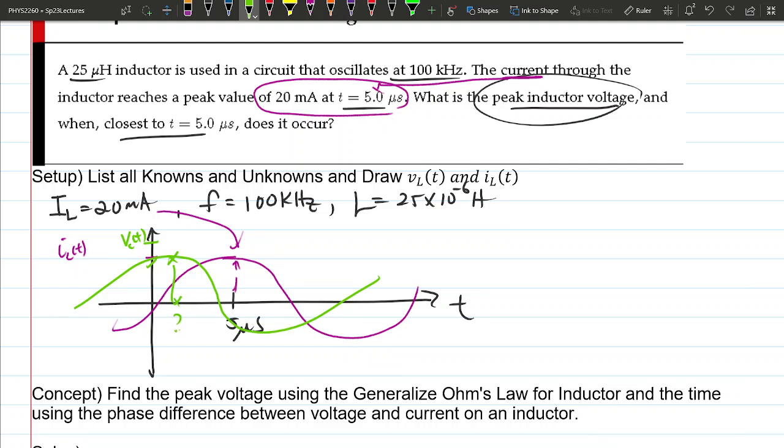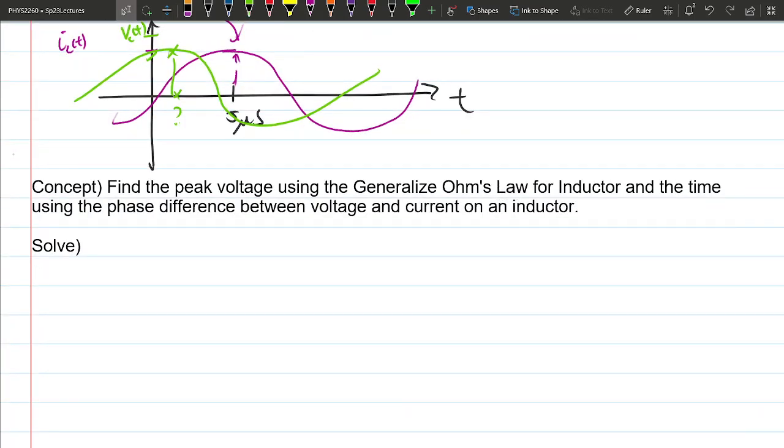But let's first figure out part A of the problem. I already typed out the concept. The first concept is basically to find the peak voltage using this generalized Ohm's law. Not everyone calls it that, but it looks like Ohm's law.